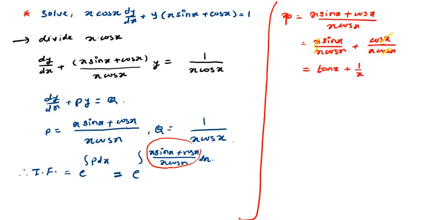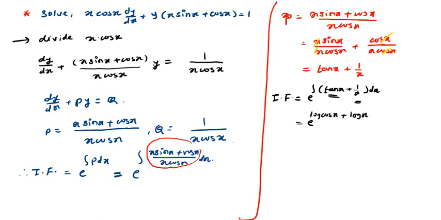So finally we can find the integrating factor, equal to e to the power integration p dx, and the value for p is nothing but tan x plus 1 by x dx. So this is equal to e to the power, now integration of tan x is log cos x, and integration of 1 by x is nothing but log x.